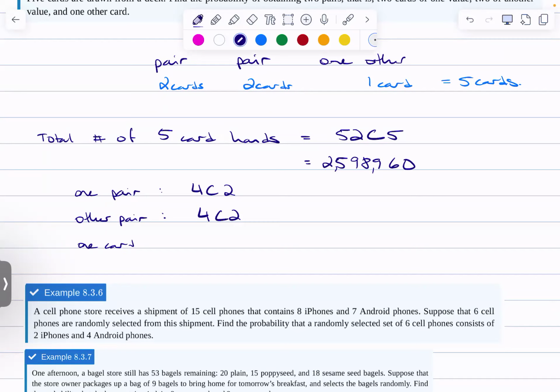And then the one card, how many do I have to choose from? I need to choose one, I know that. But the pickle is, how many do I have to choose from? Now, the problem is, it can't be one of these cards, right? Because then it would be 3 of a kind instead of a pair.